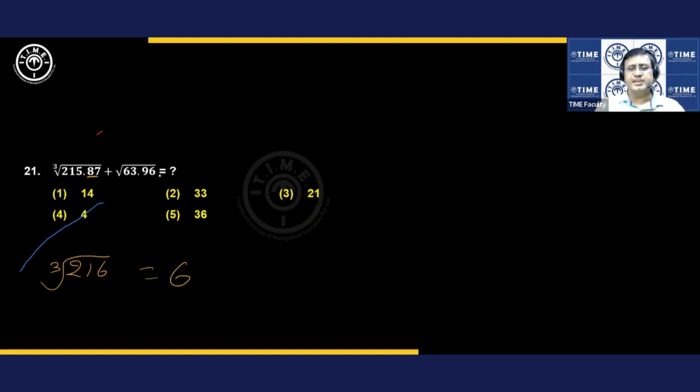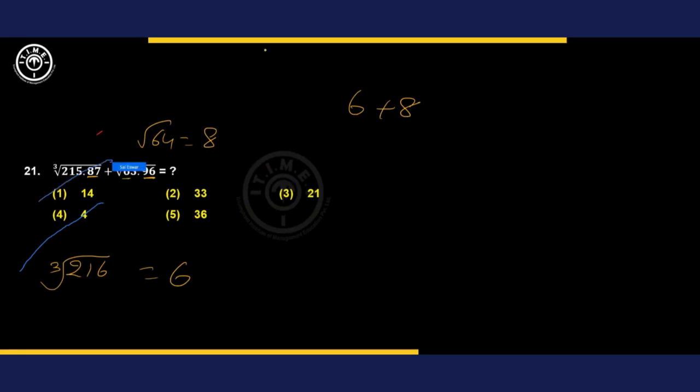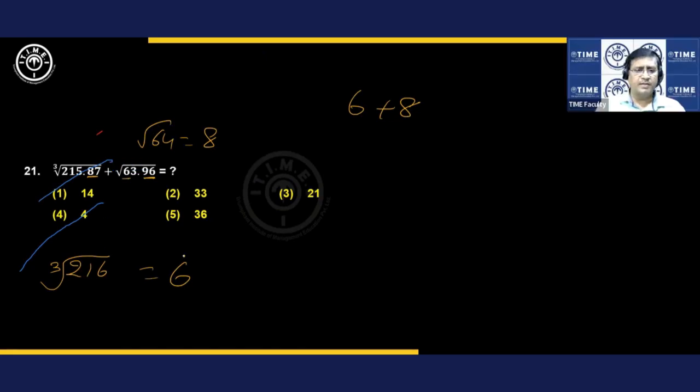Here 63.96 means it is the square root of 64. Square root of 64 means how much? 8. So 6 plus 8, 14, sir. Yes, you are right. The correct option is choice 1.